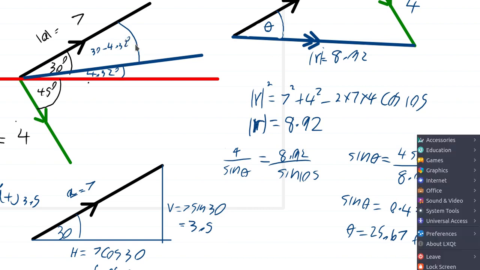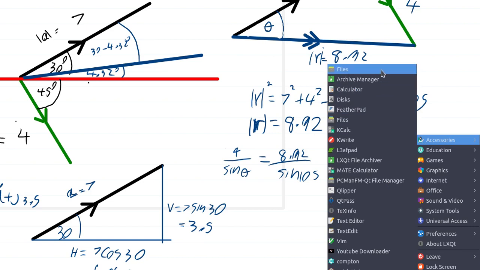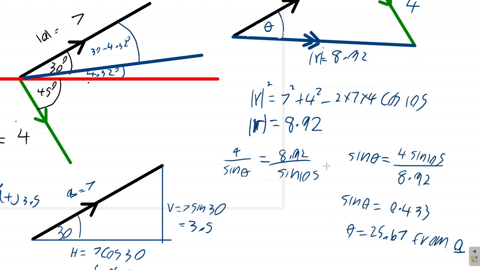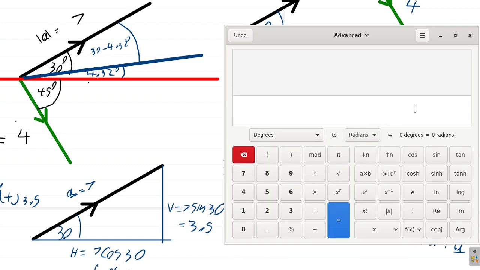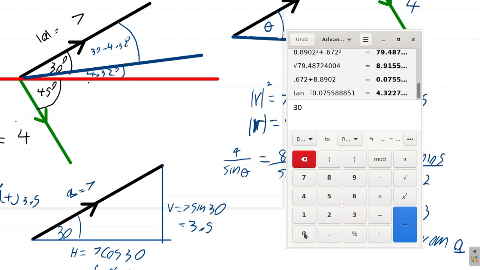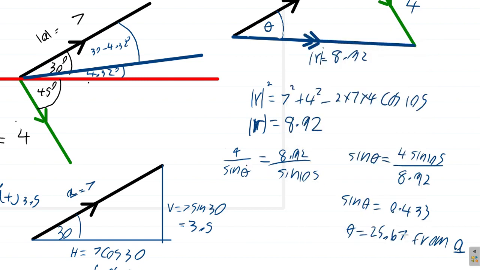Let us calculate that. 30 minus 4.32 degrees. Let me just get back the 4.32 degrees. 30 minus that equals 25.67. You get back the same thing.